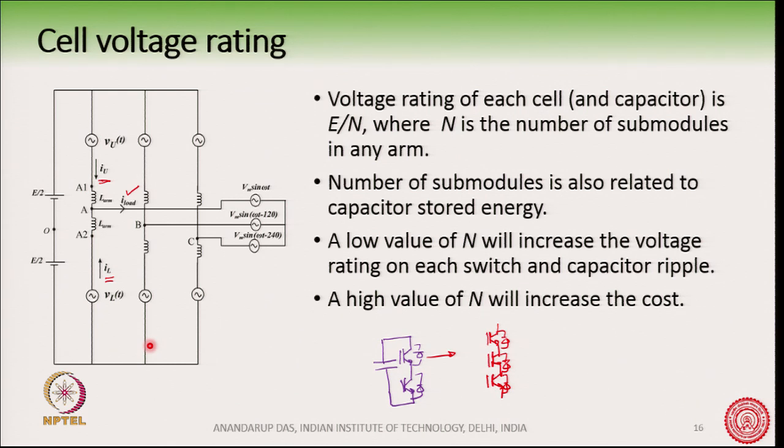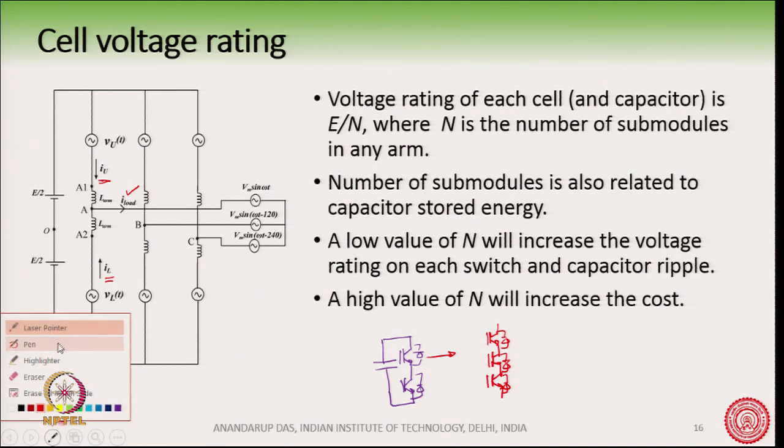Now, you see here this upper arm. When the load current is flowing through the upper arm and the lower arm, of course, the real power, let us take an example of a DC to AC converter.